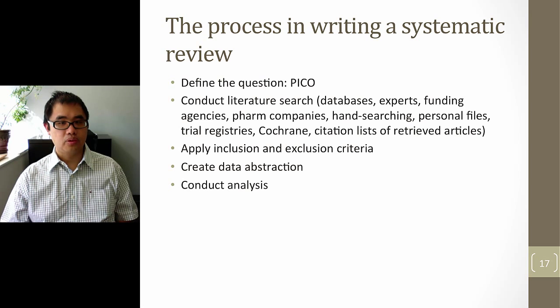You can talk to experts, funding agencies, pharmaceutical companies, do hand searching, looking at personal files, trial registries, Cochrane, and the citation lists of retrieved articles. You apply the inclusion and exclusion criteria that you came up with beforehand, abstract the data into usually a spreadsheet, and conduct analysis.